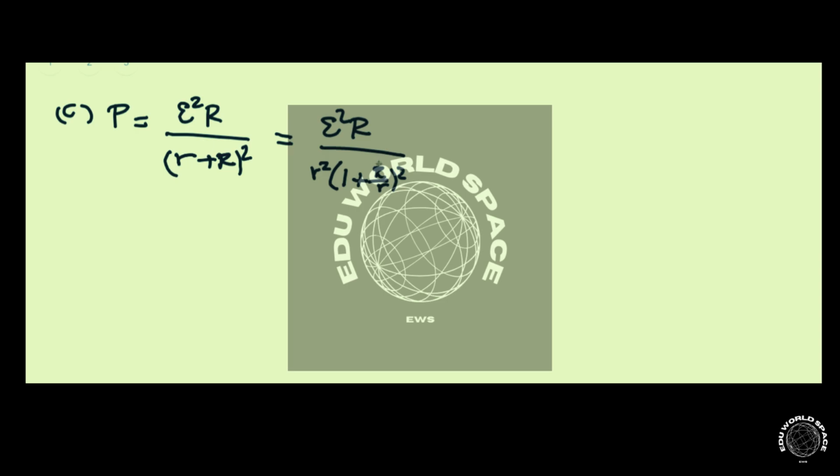And I'm going to rewrite this a little bit as a factor of E squared over r, and then I have over here R over r, and then I have 1 plus R over r squared.